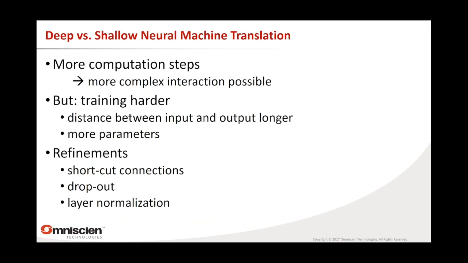If you compare deep and shallow neural machine translation, one obvious thing is that there are more computation steps. That does enable more complex interactions between the different properties of a sentence, but it also means that the training is harder. One simple fact is that the distance between the input signal and the output signal is now much greater.